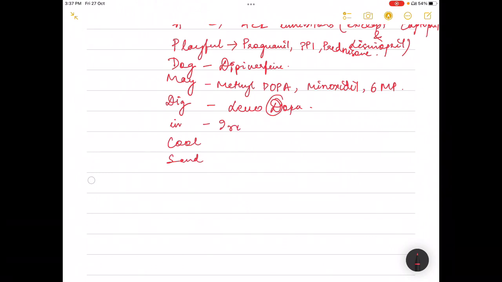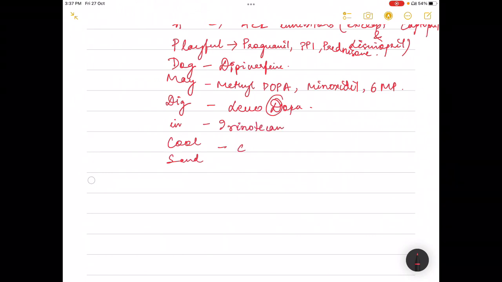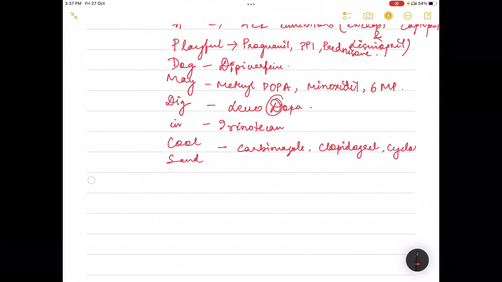Then I for irinotecan, C for carbimazole, clopidogrel, and cyclophosphamide.